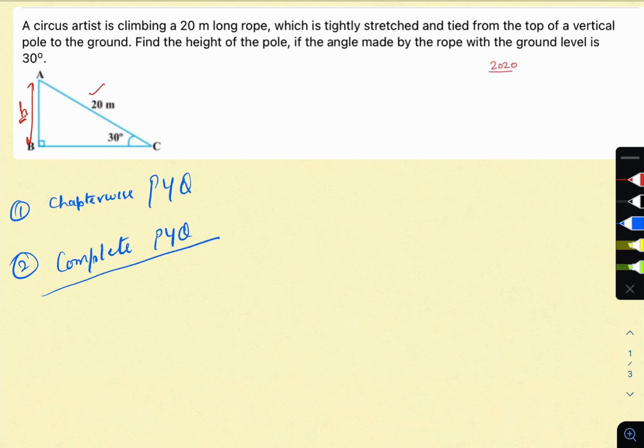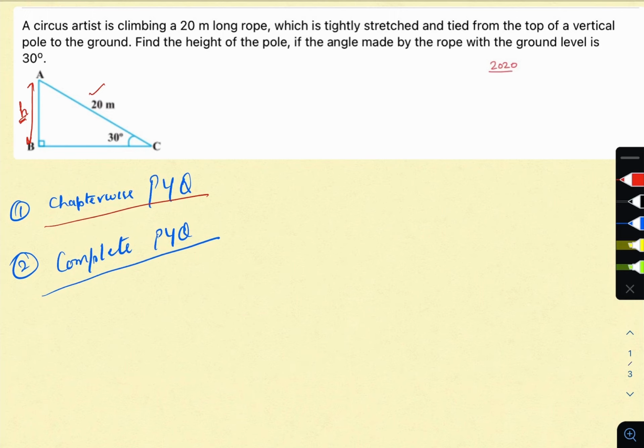Means like in 2020 we will solve the complete question paper in a single video, then 2019 and so on. So in one video series you will be getting the chapter wise previous year questions, and in the other video series you will be getting the complete previous year question papers.